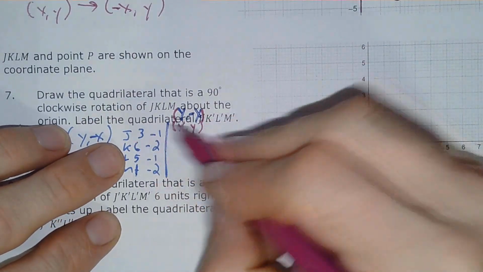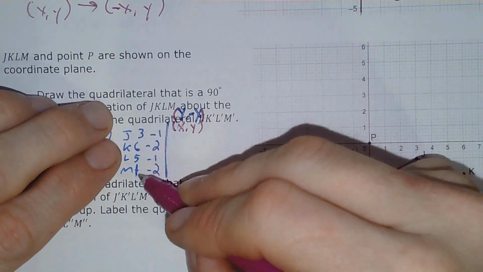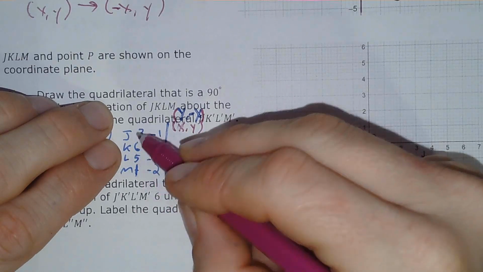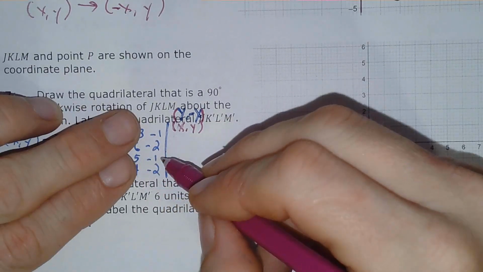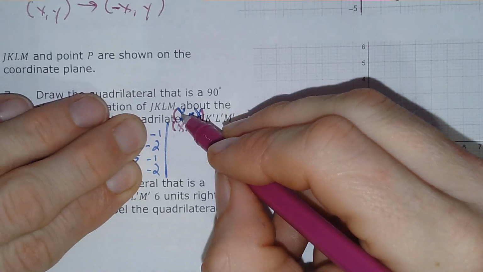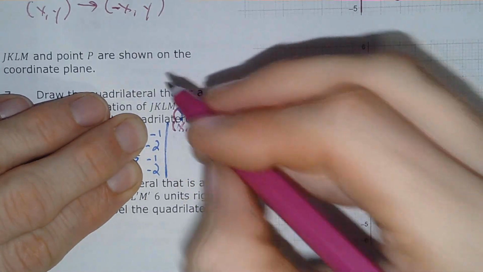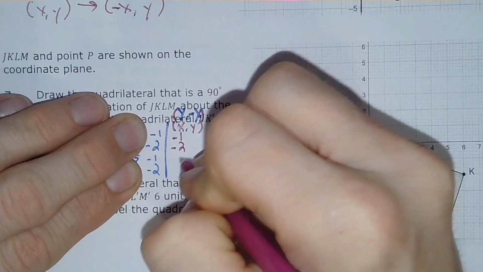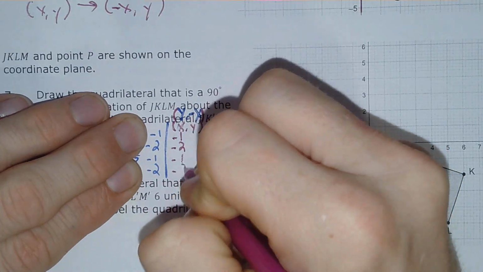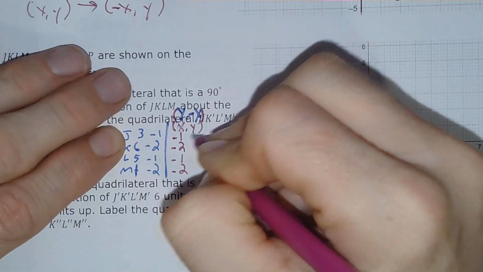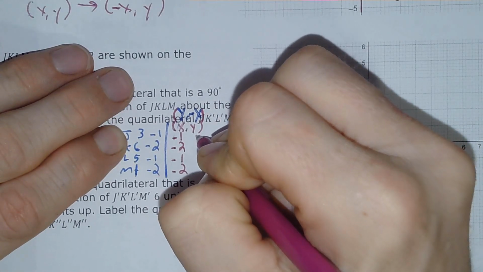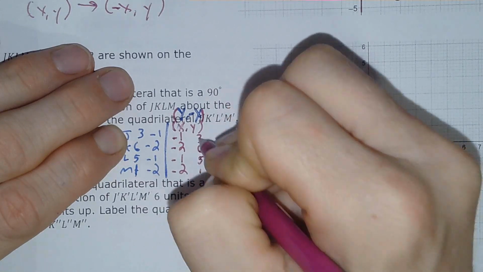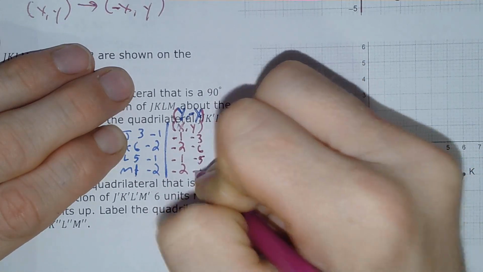My y's and my x's flop. My x values change signs. My y's stay the same, but they become my x's. All right, so negative 1, negative 2, negative 1, negative 2. X's, it's going to be 3, 6, 5, 1, but they all become negative.